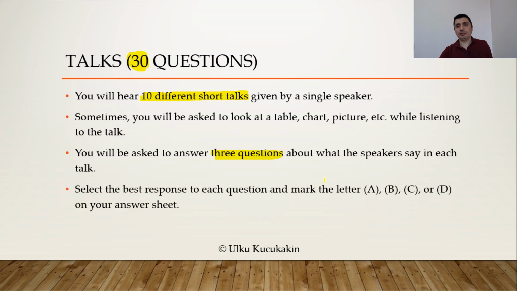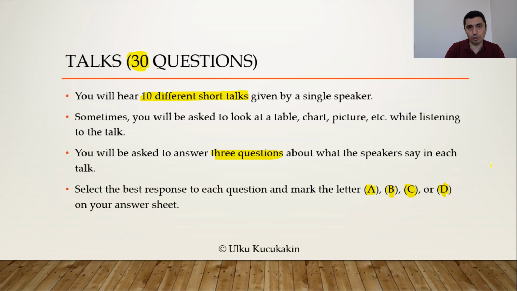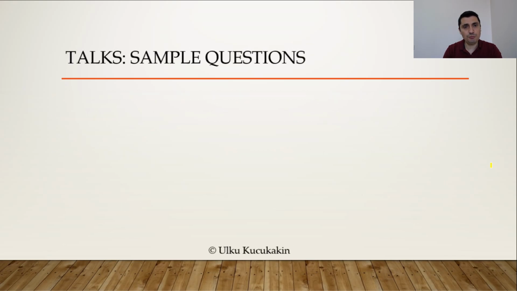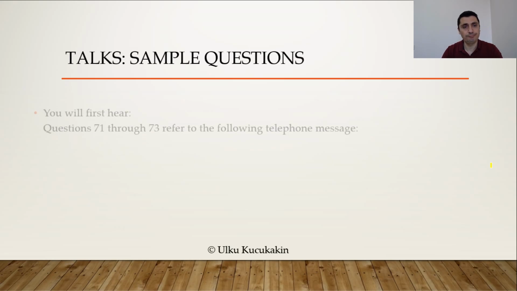And just like in the conversations part, you will be given 4 options instead of 3. In the question and response part, you had 3 options. But here you will have to choose among 4 options, okay? So this is the overview of the talks part. Now let's move on to some sample questions if you like, all right?